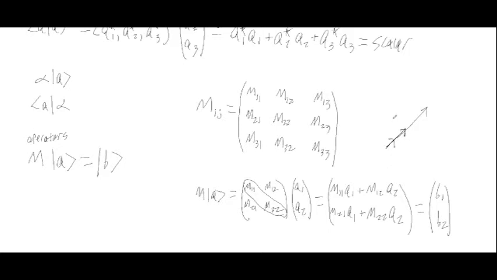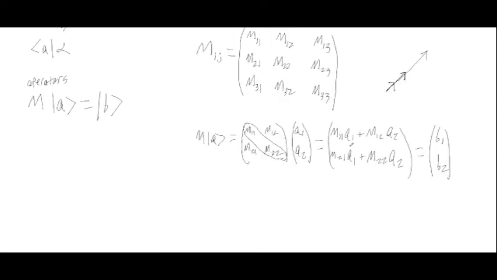So if we have this vector here, this element would be telling us how much to scale it in one direction, and this one would be telling us how much to rotate it.